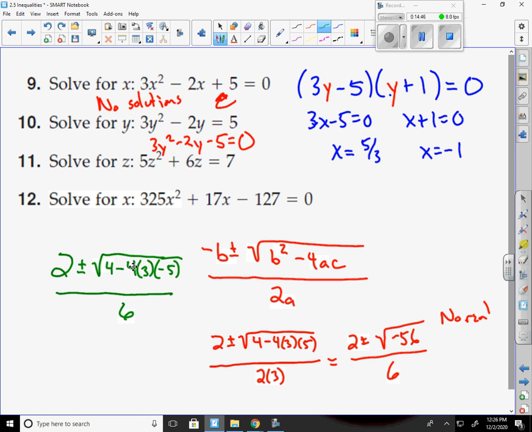Now when I look at this, negative 4 times 3 times negative 5 gives me a positive 60. So it would be 2 plus and minus the square root of 64 over 6.